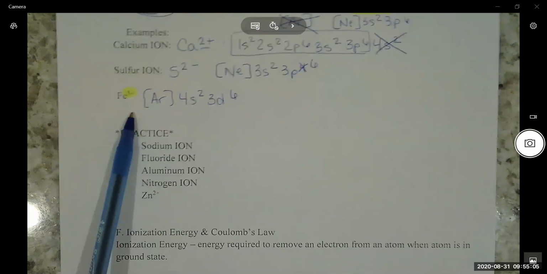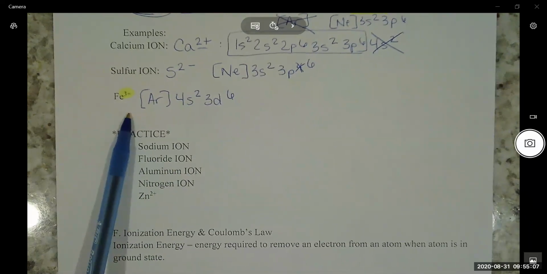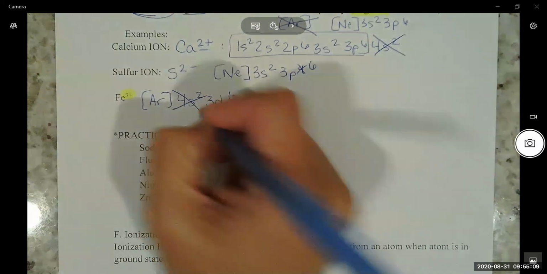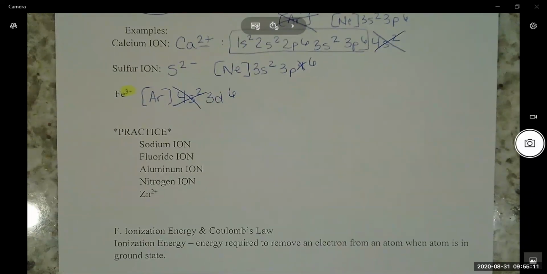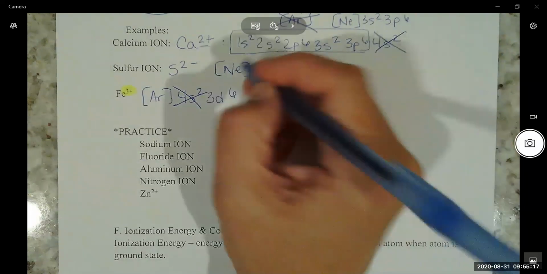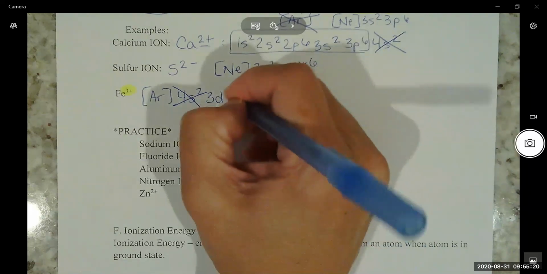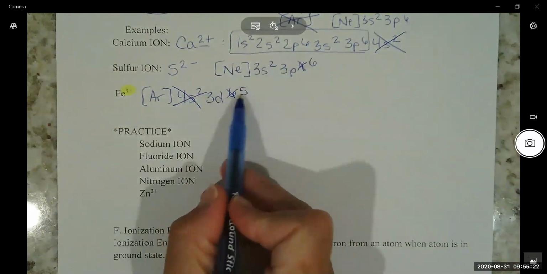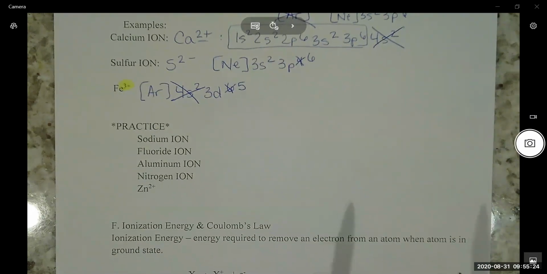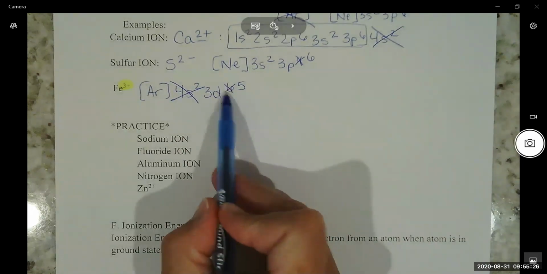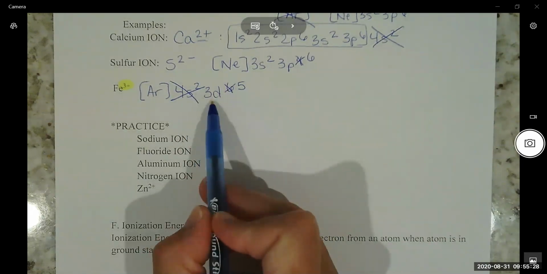It has a +3 charge, so it has to lose 3 electrons. The first electrons it's going to lose are the valence electrons in the highest energy level number. So those 4s electrons go away. And then there's still one more that has to be taken away, so that 6 is going to turn into a 5. The biggest mistake here is that people want to take 3 away from the 3d and say 4s2, 3d3.